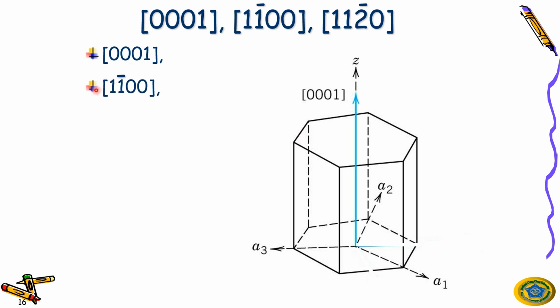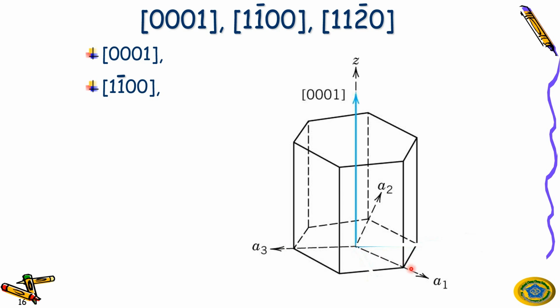And how about this one? [1 1-bar 0 0]. Again, A1 is 1, right? So it's here. A2 is here, but it has a negative sign, so this is positive, this is negative. So point here, and for the A3 axis and Z-axis, they are all 0, so there's no projection here.